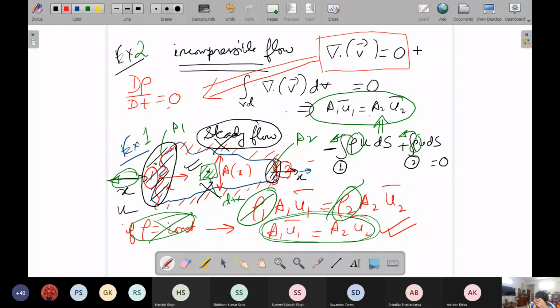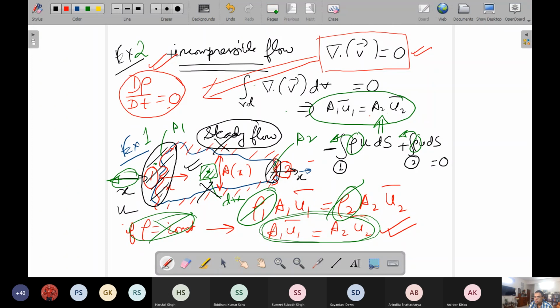Now, on top of that, if you apply this incompressibility constraint, you will get the remaining terms, total derivative of density equal to 0. So, although we have not explicitly talked about density in example 2, example 2 is premised not on constant density but on this.